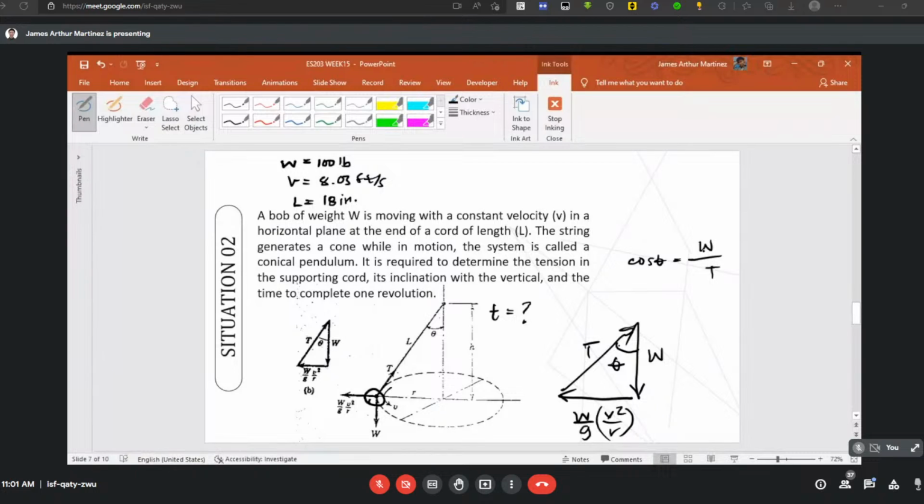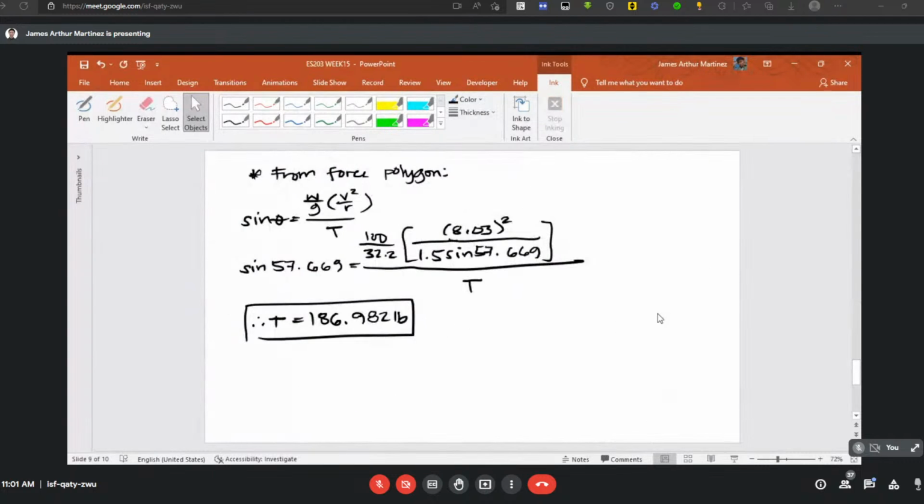So it's just 100 divided by T. Then the tension is equal to the weight, which is 100 divided by cosine of 57.669. You will arrive at the same answer for the tension, so that is also possible, class.